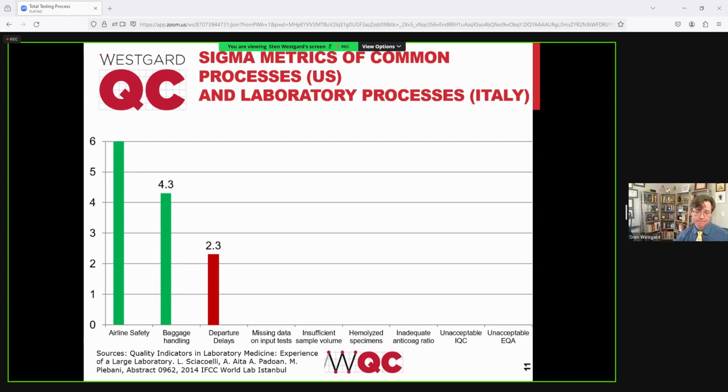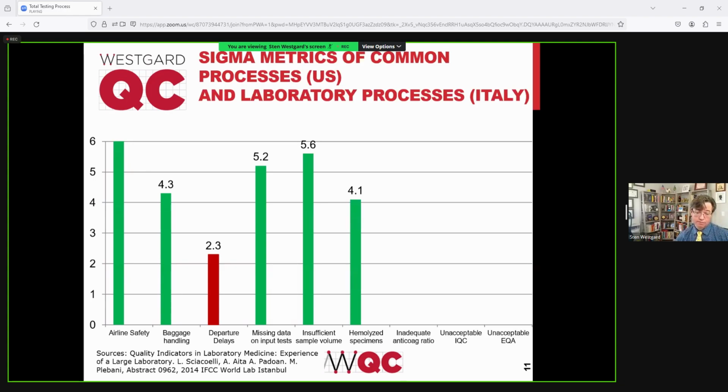Now let's fold in our own experiences. This is, again, a laboratory in Italy. Does the test request come in with all of the right information? Well, that's coming in at over a 5 sigma success rate. Does the sample come in with enough volume to run all of the tests? A high 5 sigma.